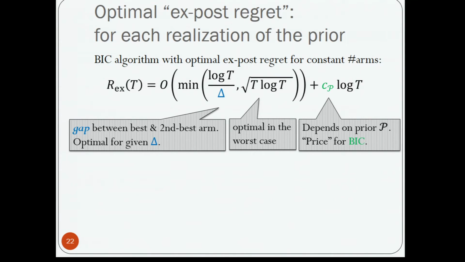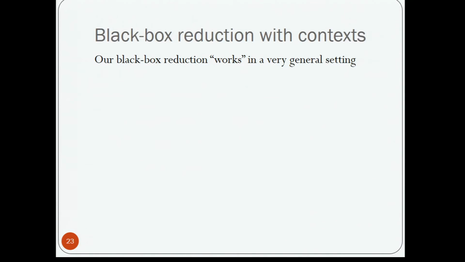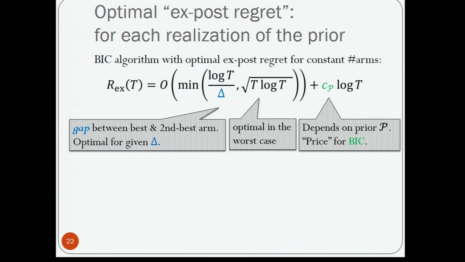If the prior says that arm 1 has got to be much better, then I will need many, many rounds to convince. But it's inevitable, at least intuitively. Okay, and in some sense, this essentially resolves the problem for a constant number of arms.